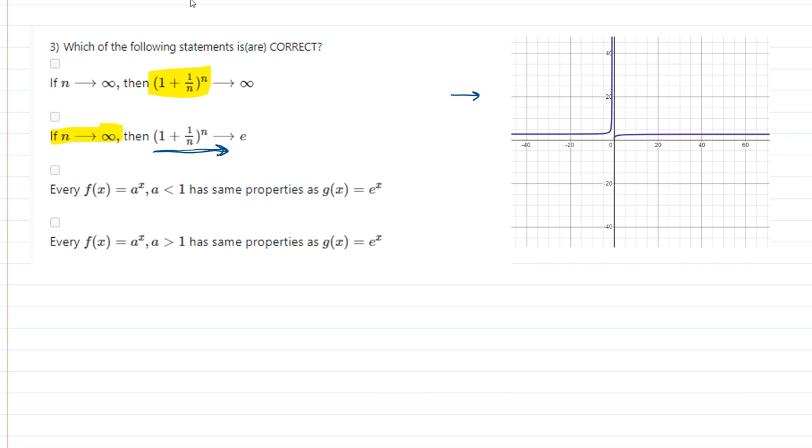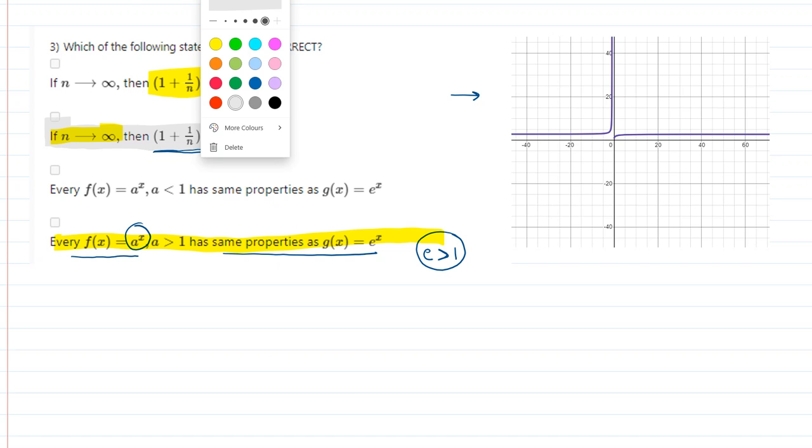And every f(x) equals a^x, a greater than 1, has the same properties as this because e is basically greater than 1. So this must be true. But this is an important takeaway from here.